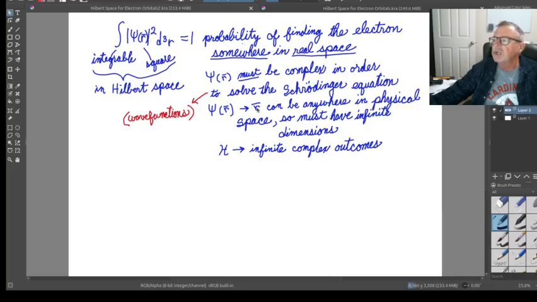Now, before we go on with more of my gibberish on the board, let's look at some solutions to the Schrödinger equation, but we'll look at them as representations in shapes within that space. Wouldn't that be fun? Some pictures.